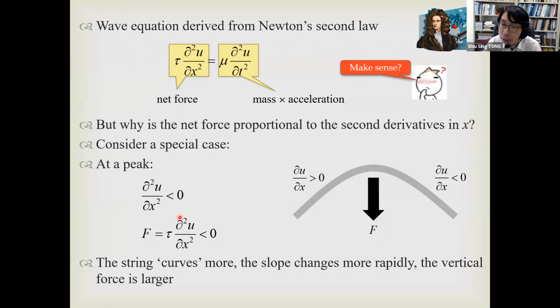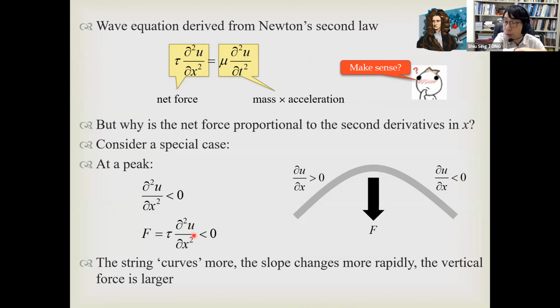So imagine now, if the second derivative is larger, then the slope is changing fast. The slope changing fast means you have a very curved, sharp peak here. If you have a sharp peak, then the tension force will be pulling you down with a larger force, and that will give you a larger downward acceleration.